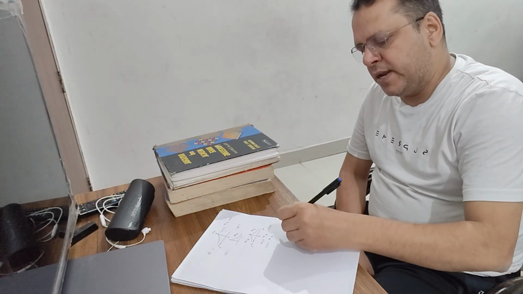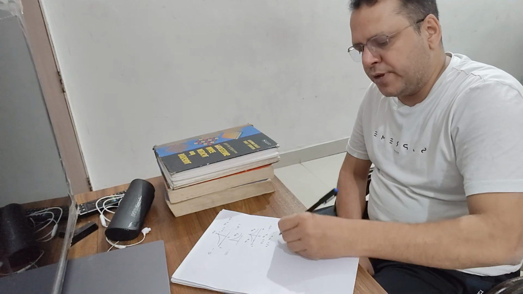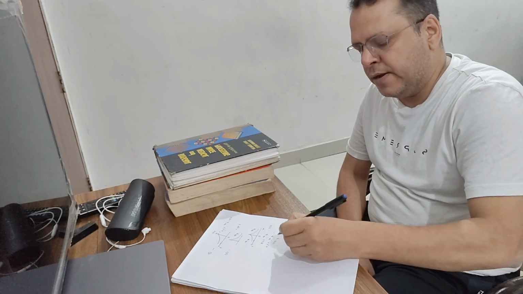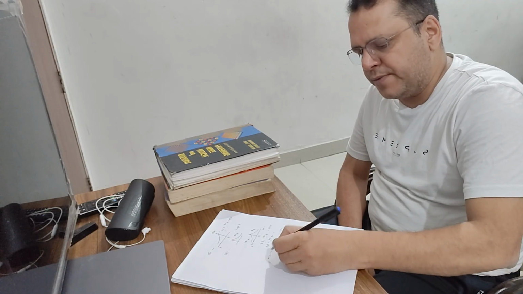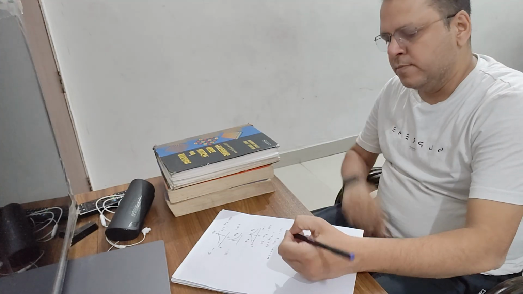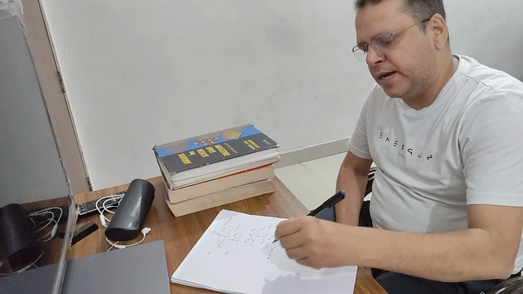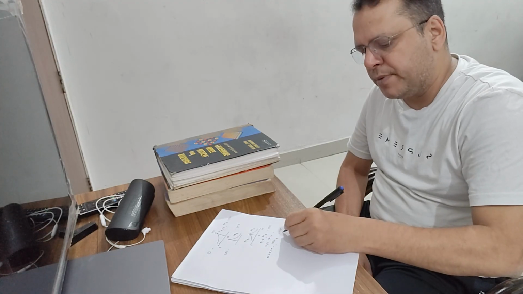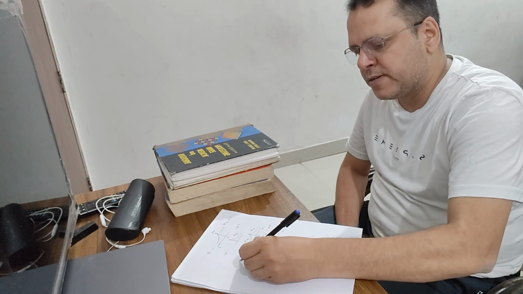And in a very generalized form, I can write this as x of t equal to e power minus a mod of t from minus infinity to plus infinity. This kind of pulse is known as double-sided exponential pulse.